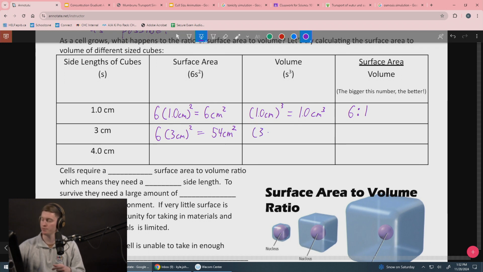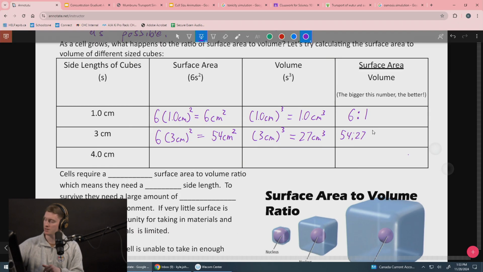Our volume is going to be 3 centimeters cubed. 3 cubed will give us 27 centimeters cubed. Now the ratio of surface area to volume will be 54 to 27. We can simplify this ratio. Both of these things are divisible by 27. This is a 2 to 1 ratio of surface area to volume.